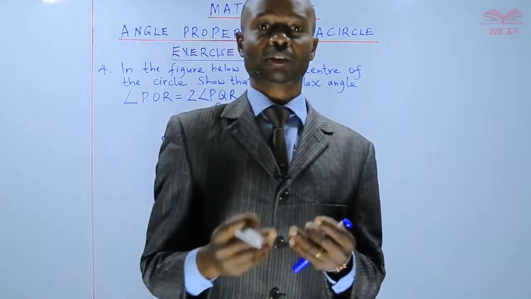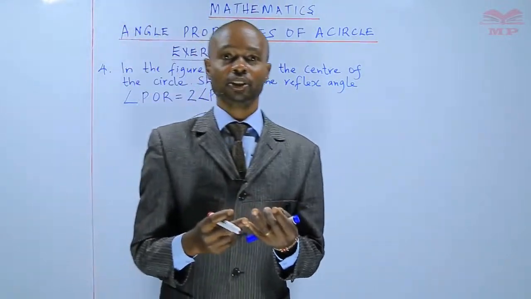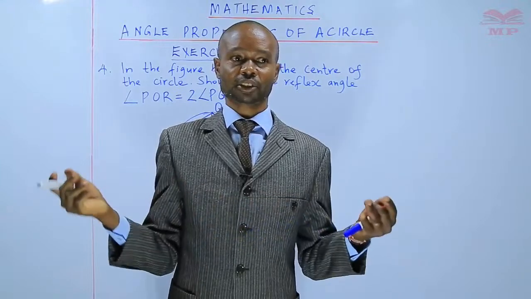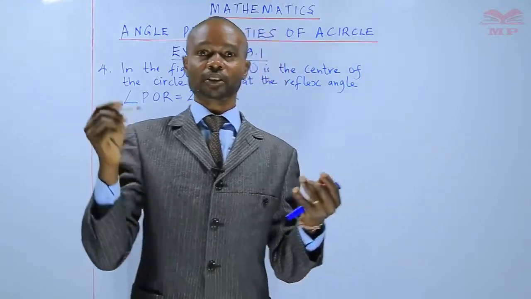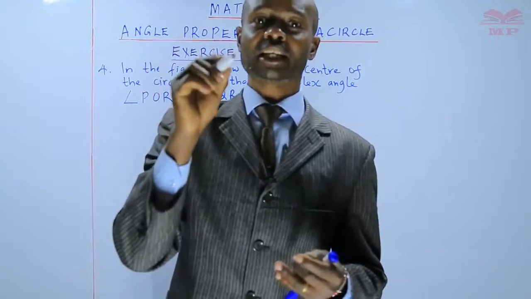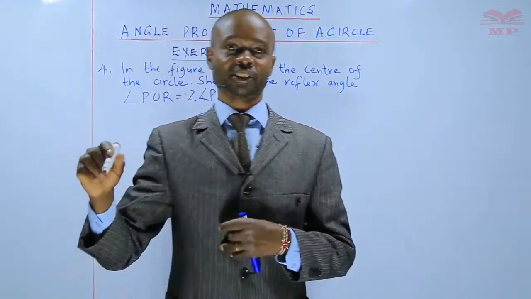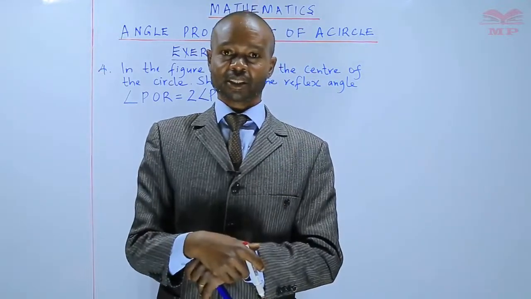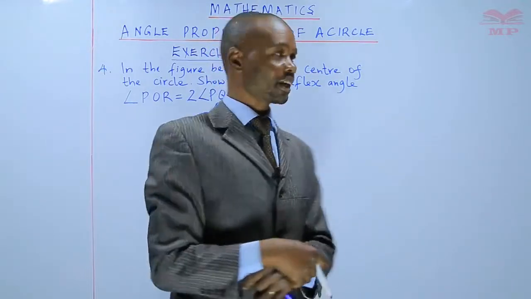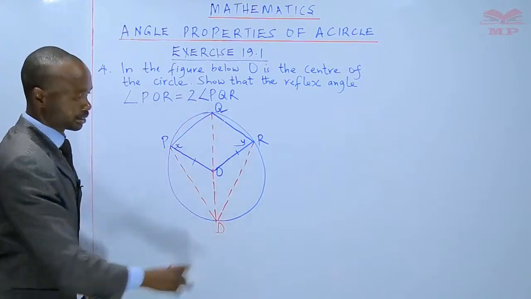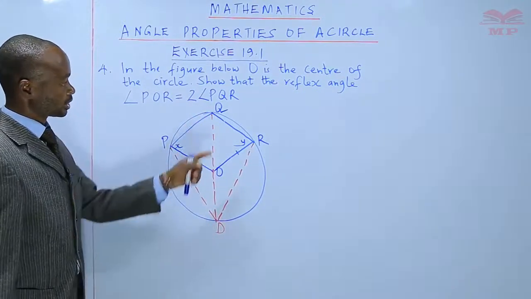So before we continue, there are concepts there you should get. In the previous lesson, you learned that if the diameter is a chord, it subtends a right angle in each of the segments. So if I come on the board, I'll use chord QD, which is actually what?